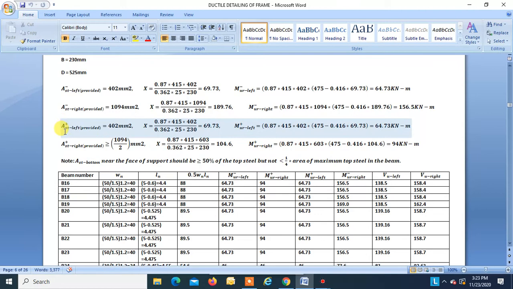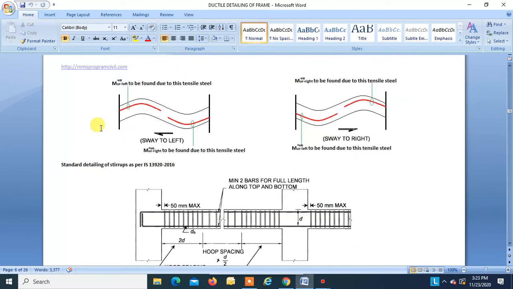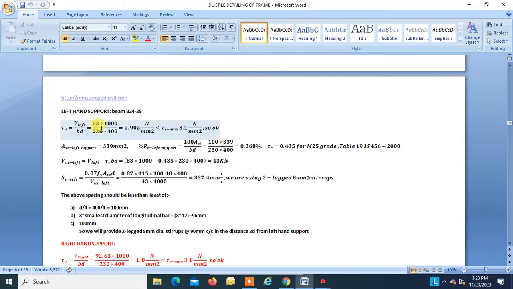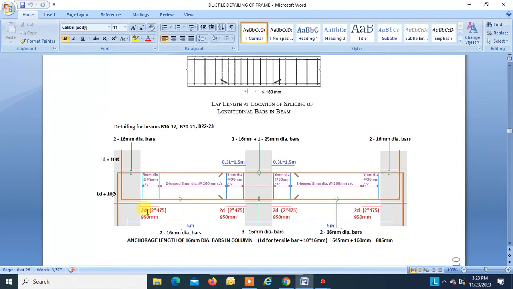Now we have to find Ast positive at the left support. Negative steel is steel at the top. Positive steel will be steel at the bottom. So at bottom of the left hand support, we have provided two numbers of 16 diameter bars.